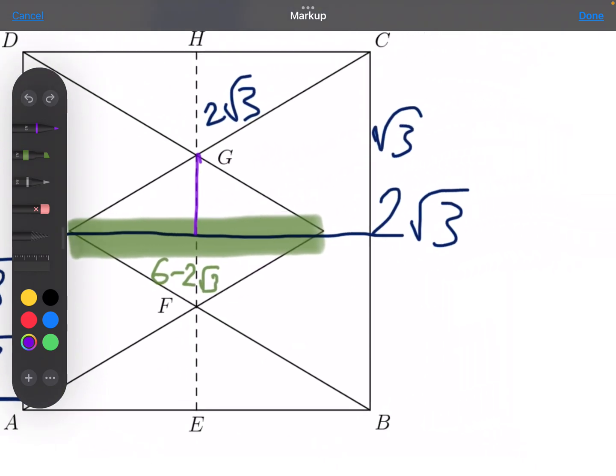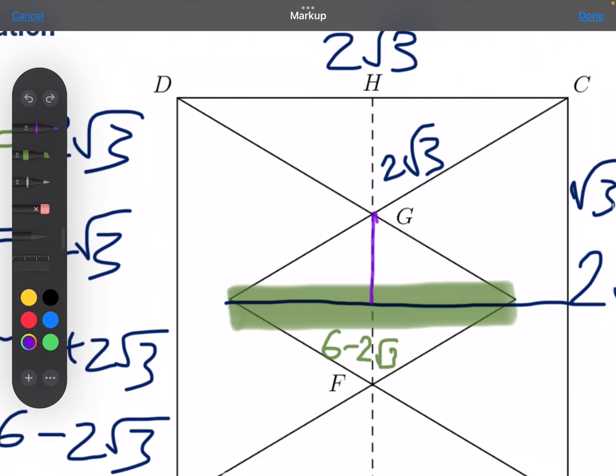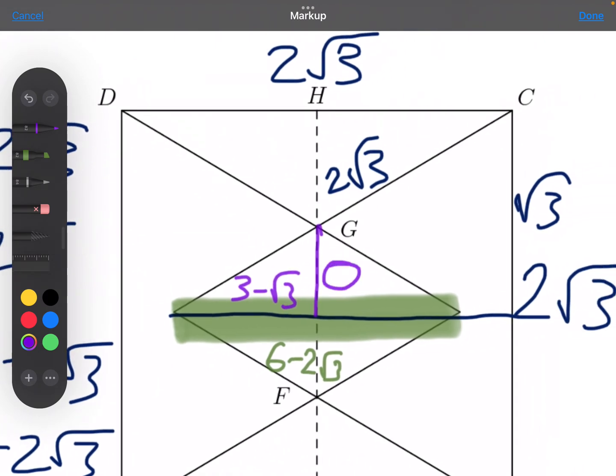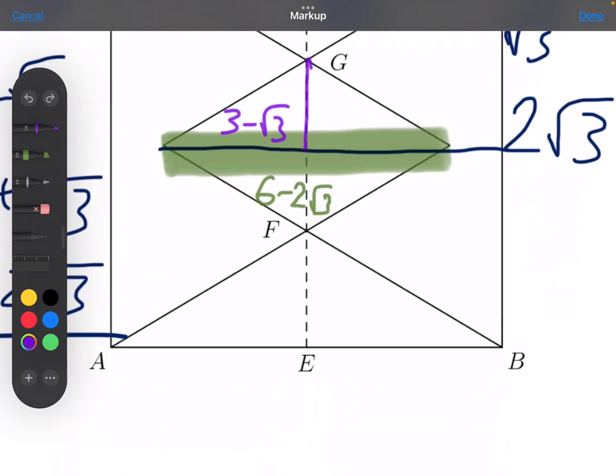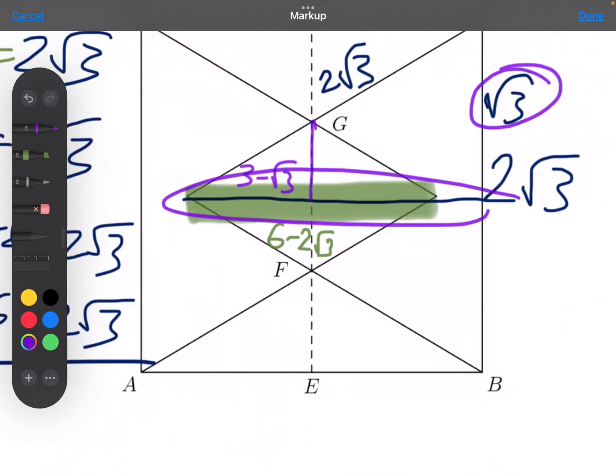So let's clear that and solve for the height. So let's see, this would be half of the green area. I mean, the distance, so it would be 3 minus square root 3. And to get here, we must now divide by the square root of 3, because to get from here to here, we had to multiply by square root of 3.